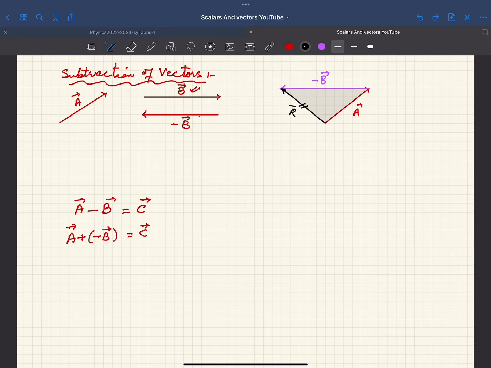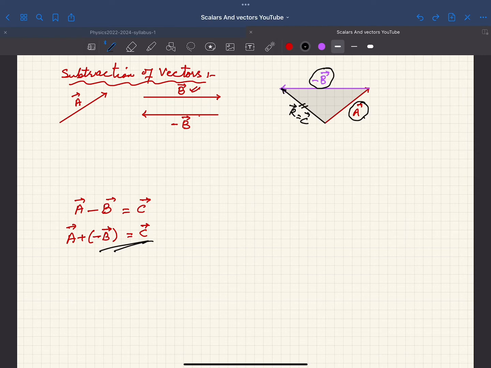No big change, but you can say that this is vector C in our example. Any subtraction of vectors is simply the addition of the negative vector to the given vector. That is, when you add vector A and vector negative B, basically you are subtracting vector B from A.